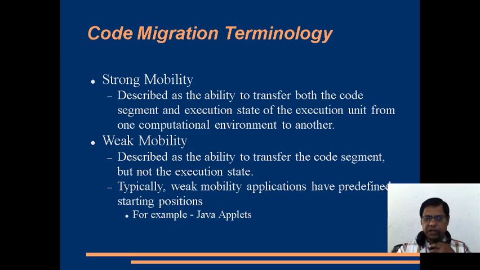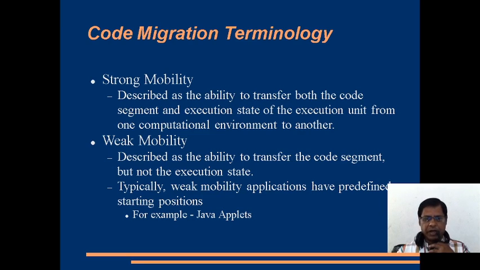If the migration of this information goes smoothly, it is known as strong mobility. Weak mobility is described as the ability to transfer the code segment but not the execution segment, that is, the execution state.